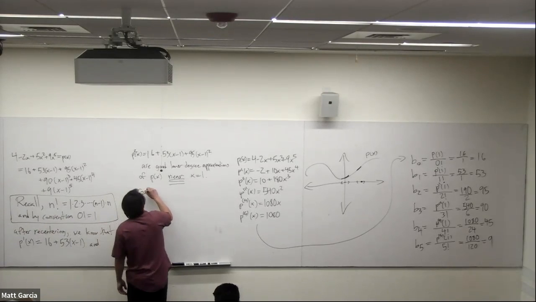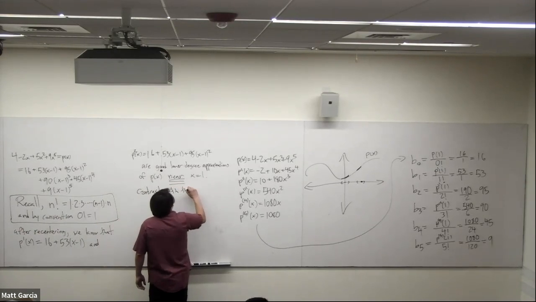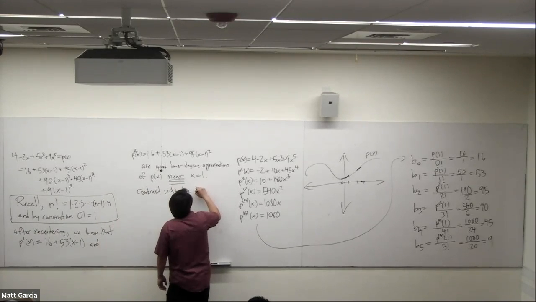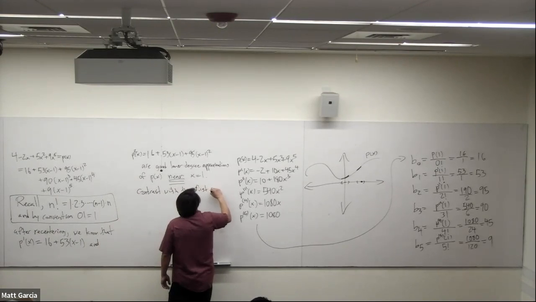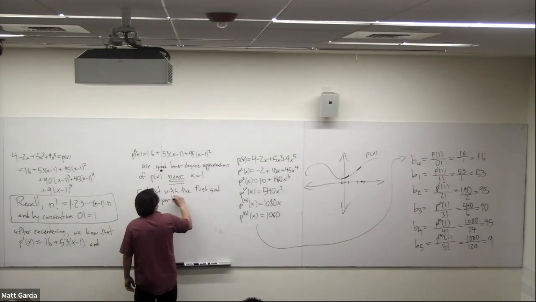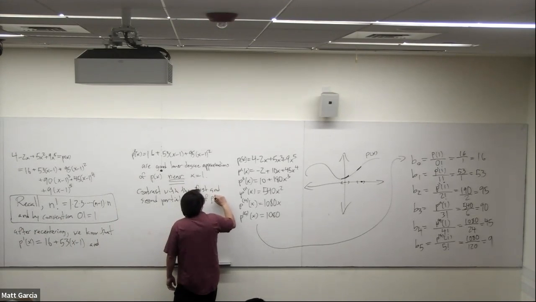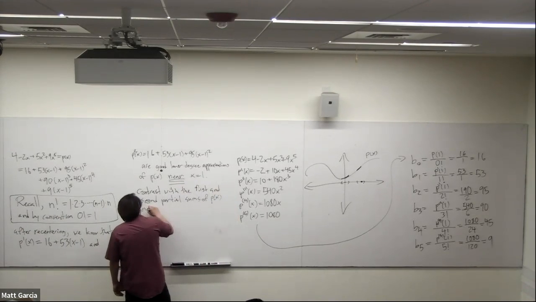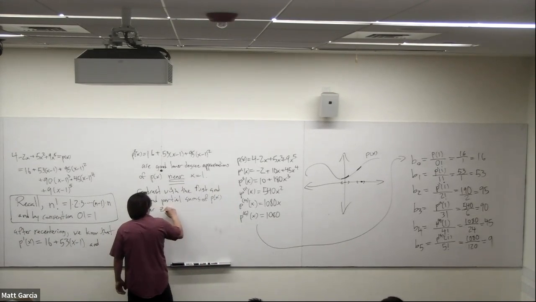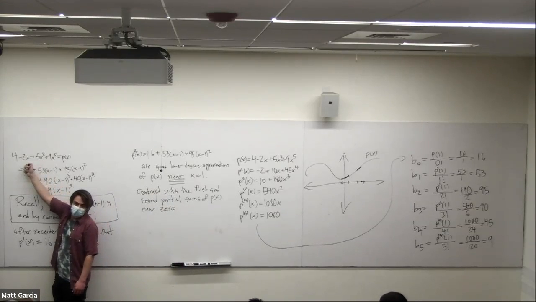Contrast with the first and second partial sums of P of X near 0. That is using our original expression, right? This is centered at 0.